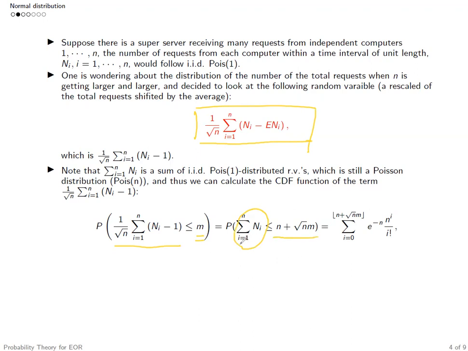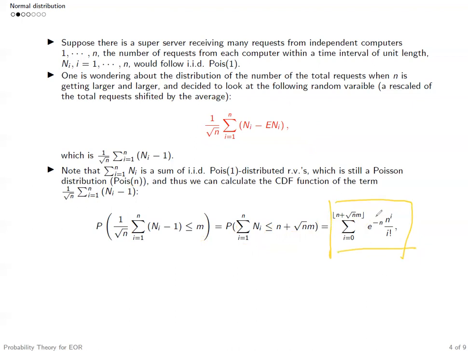Given that the summation follows a Poisson distribution, it can be calculated this way: sum all the integers from 0 up to the closest integer below or equal to this number, adding up all their probabilities together, which gives the CDF. This looks very complicated, right?